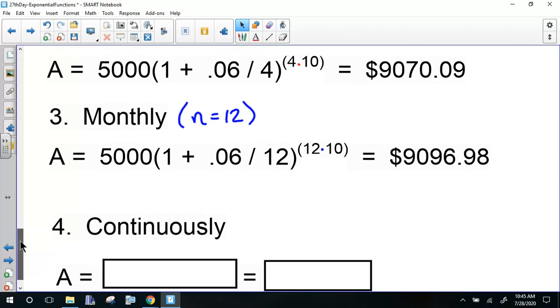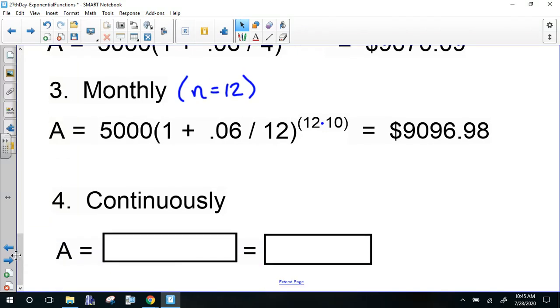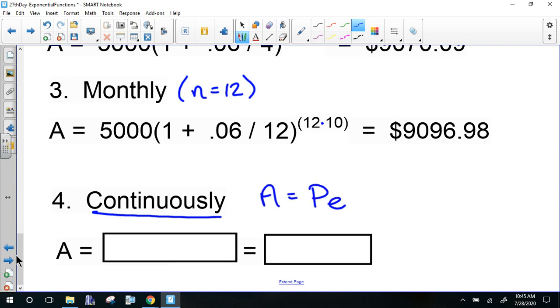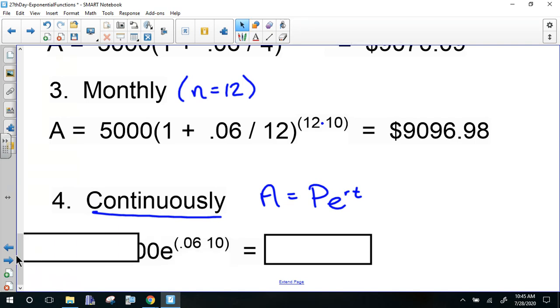And then if you look at example number 4, I see the word continuously. Anytime you see the word continuously, you're going to use the shorter formula. All right? 5,000, I hit the letter or the number E. E on a TI-84 calculator is above the divide sign.